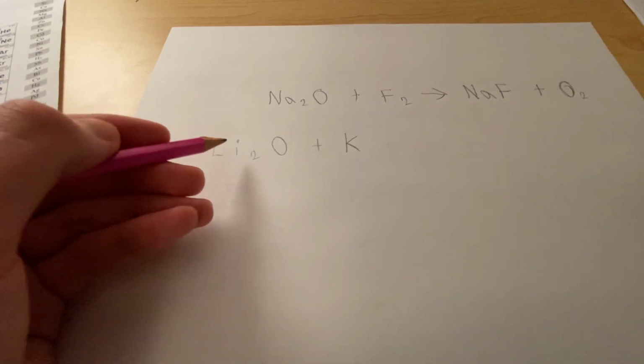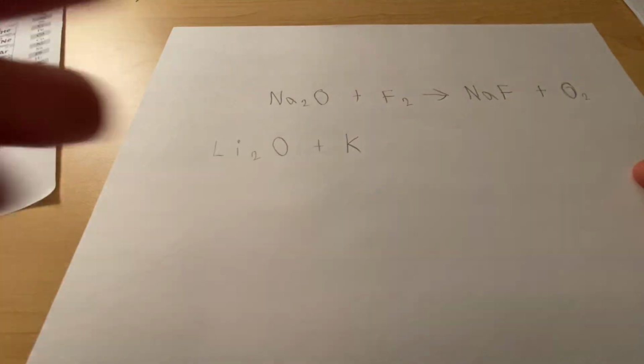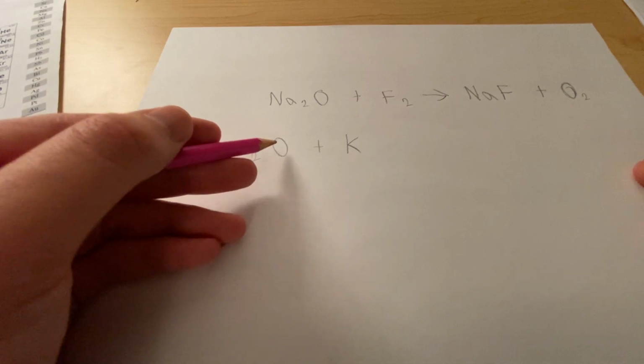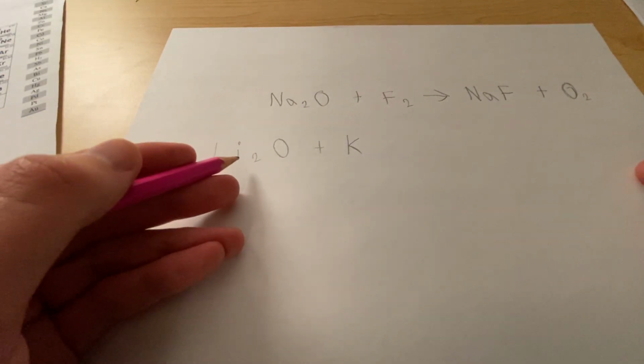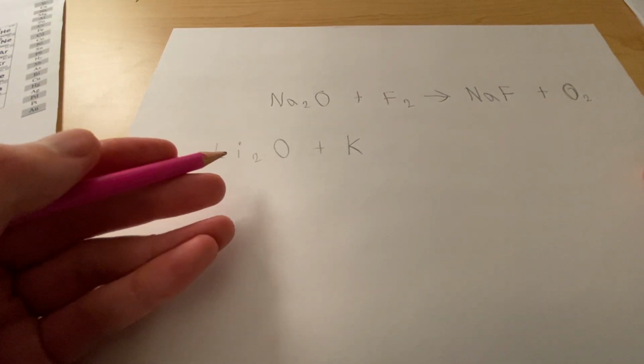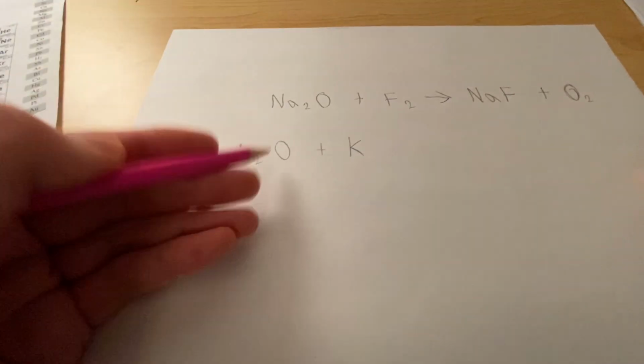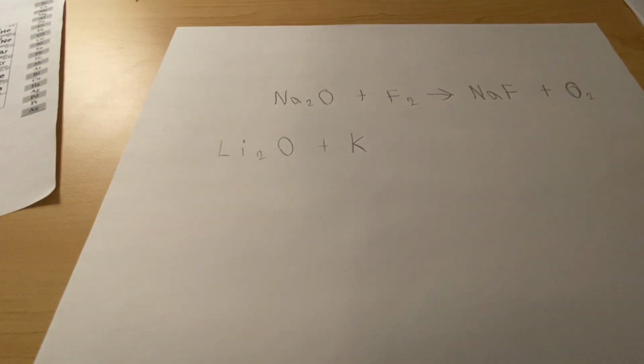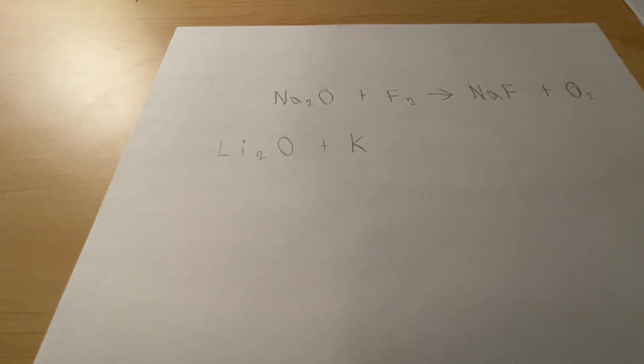So here you have two cations, lithium and potassium, competing for one anion, which is oxygen. You need two of the lithiums because lithium has a plus charge and oxygen has a 2 minus. That's why you need two of them. Well, if you go back to use this metal activity series, which is reasonable because when you have two cations competing for one anion, you have to use the metal activity series.